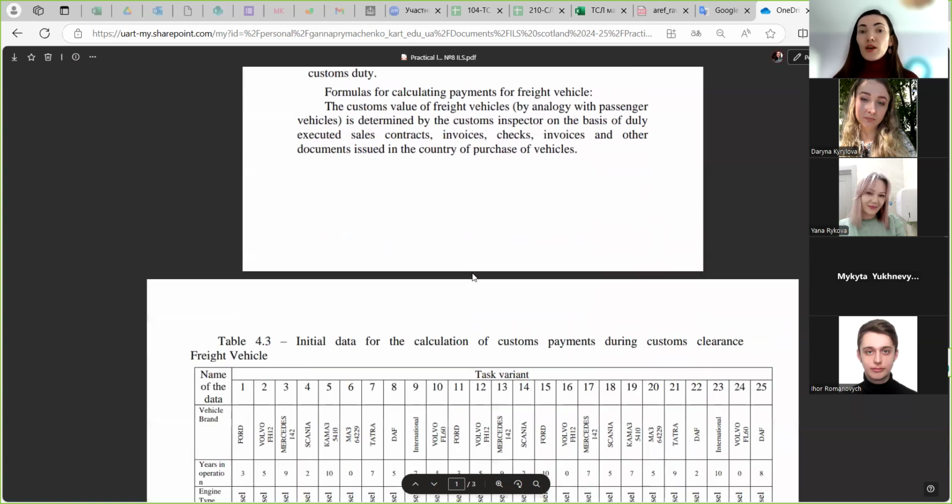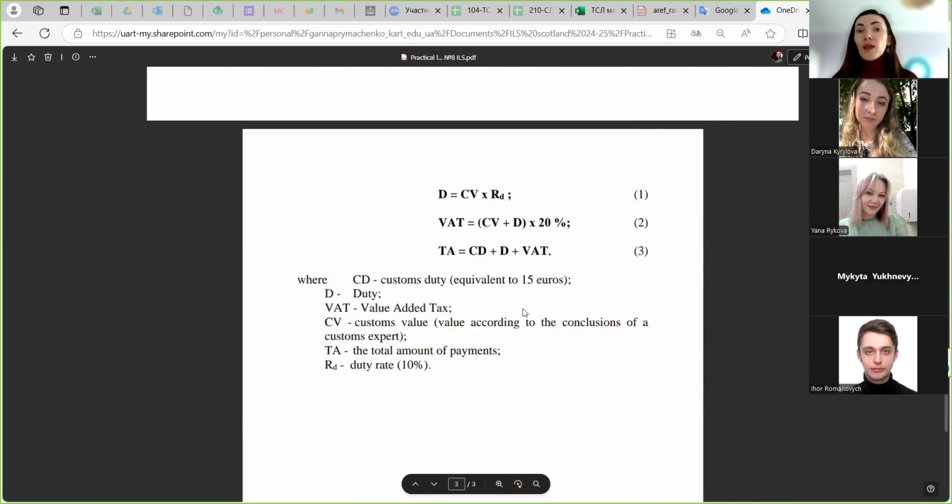Okay, and I opened formula number 3. Add the result of our first formula. It is our duty, G, the result of our first formula, also in hryvnias, we already have the result. And add the result of our second formula, VAT, our parameter VAT, also in hryvnias.